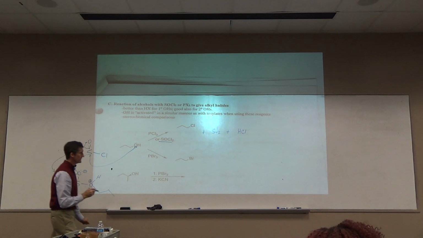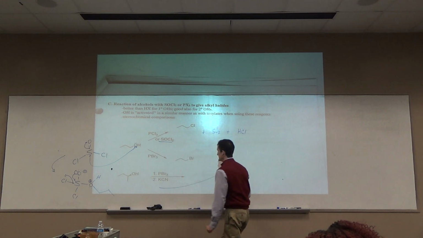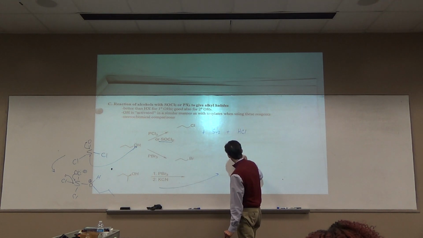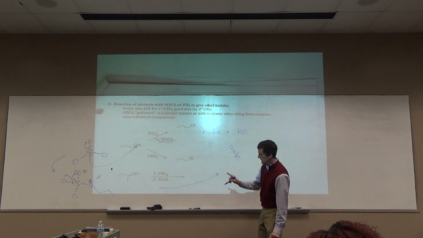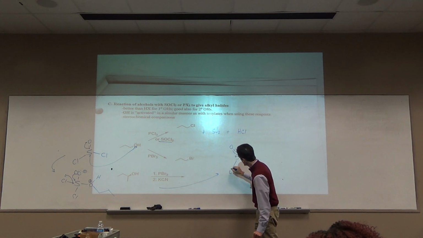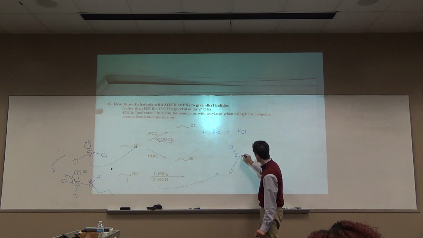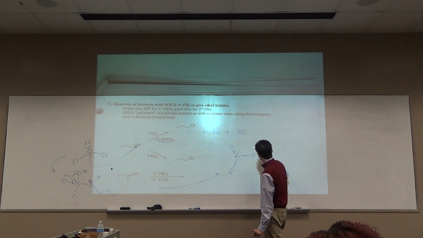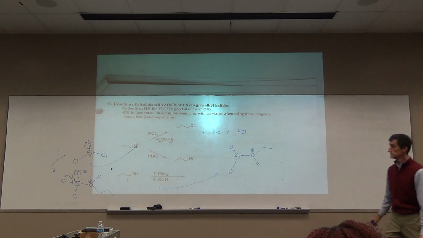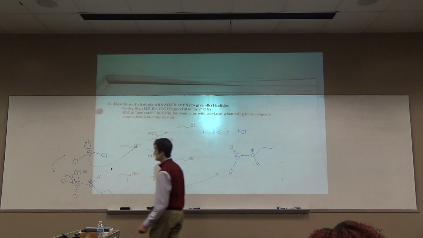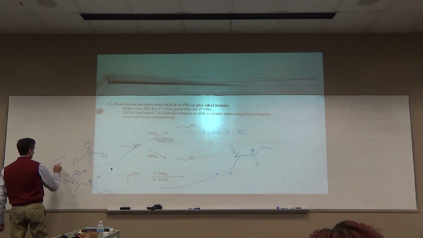And what does that give? We now have the double bond to oxygen reformed. We kicked off one of the chlorines, but there's one chlorine left, and we have the oxygen, and it's still protonated. Is everybody there? We just did an addition.